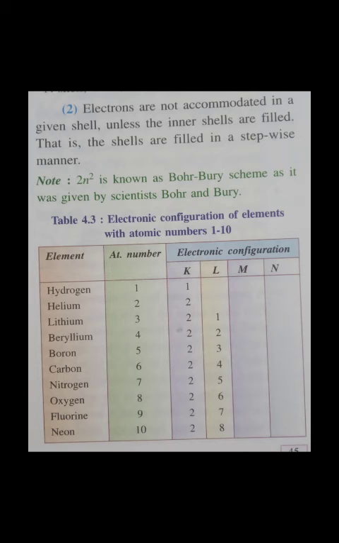Beryllium 4, 2 get filled in the K shell, the remaining 2 will go to the L shell. Now boron 5, 2 in the K shell, the remaining 3 in the L shell. Now L can also fill up to 8 only. After 8, it will move to the M shell, right?